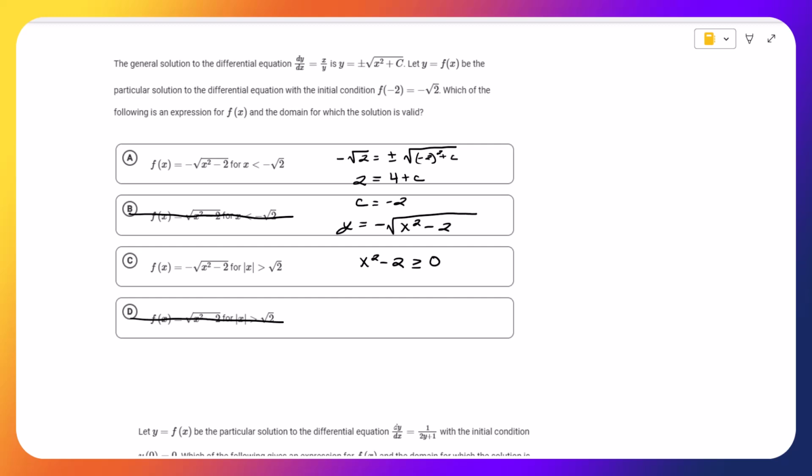I'm sorry, it needs to be strictly greater than. I was looking at the answer choices and I was like, why don't these have the greater than or equal to? Well, why does it need to be greater than?